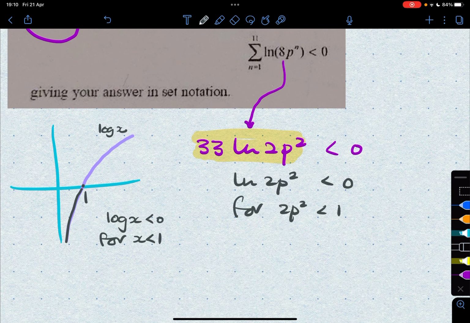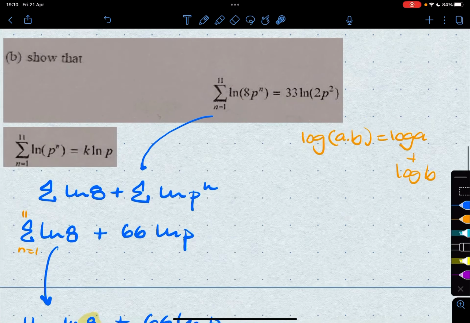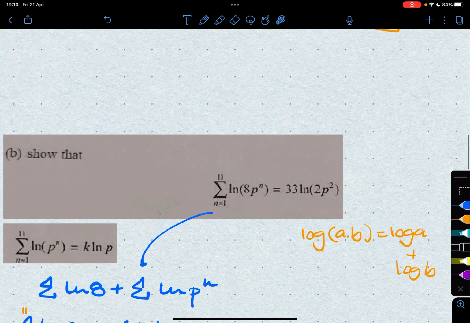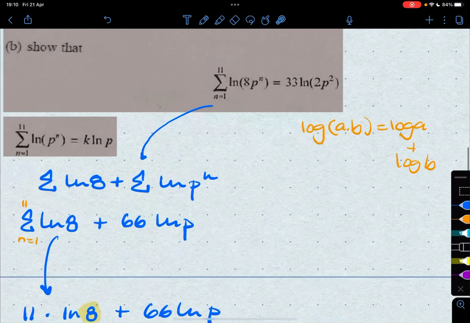So p will be less than 1 over root 2. Now I won't say plus or minus root 2 because p has to be positive because it's a log, and I think they probably specified that in the question. If I go to the top, they said p is a positive constant, right? So there's no point saying p is negative, so it's positive.